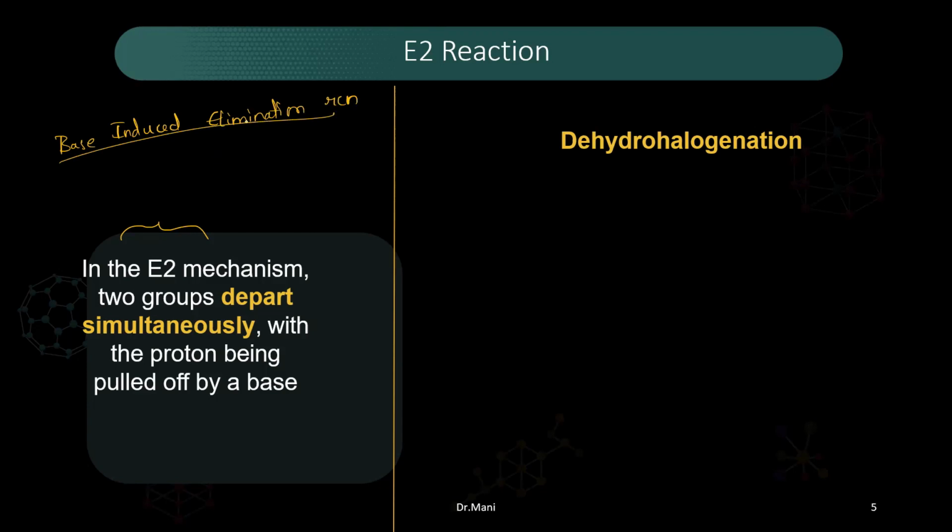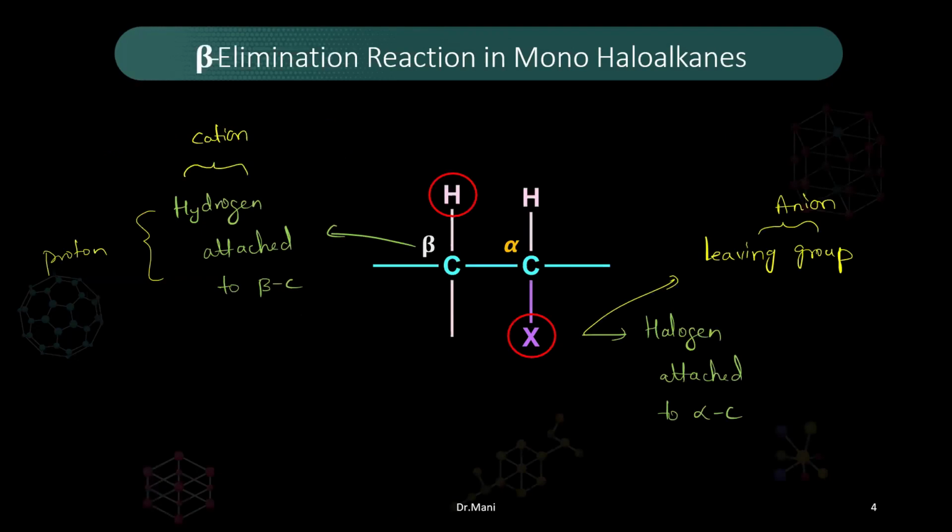So why do we call this a base-induced elimination reaction? Because most of this reaction mechanism involves a strong base. Okay. So here the base is very, very important, where it acts like the proton acceptor. So what is the proton acceptor here?